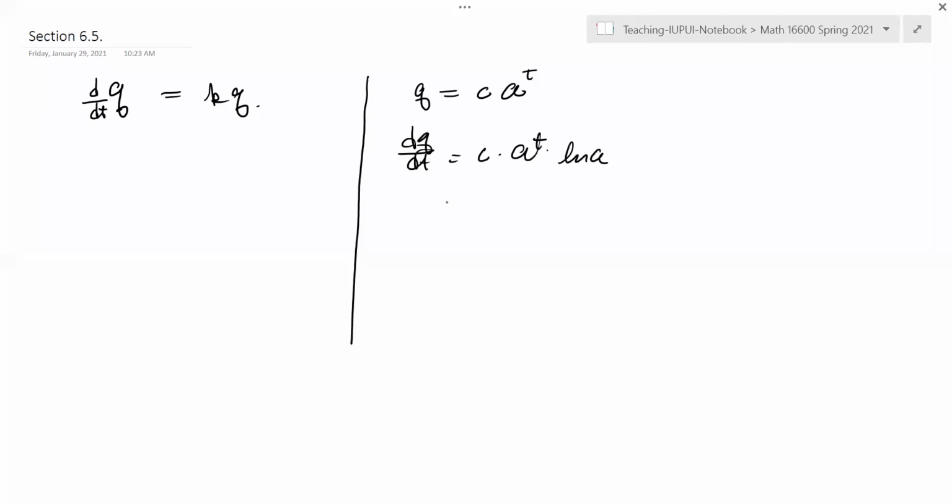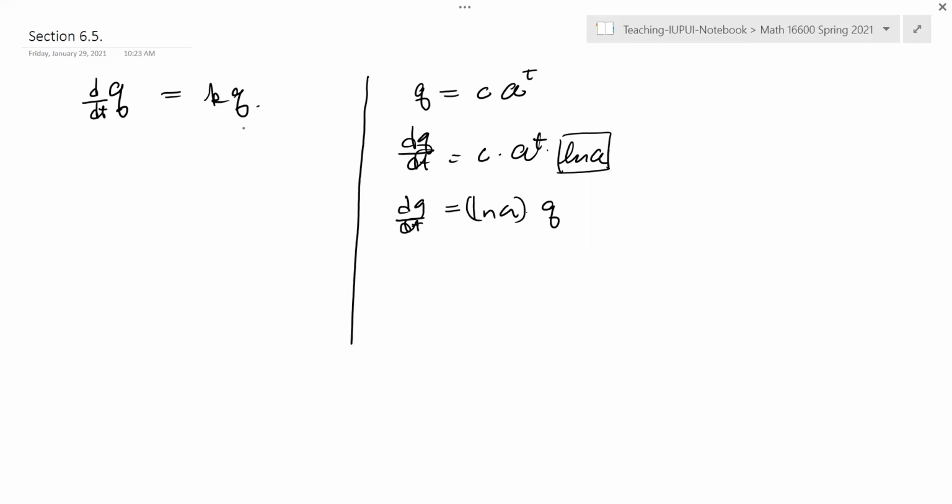This natural log of a is your constant, and C times a to the t is Q. So if Q is a constant times the exponential function, then Q satisfies this equation. So if we try to solve this equation, we'll probably end up with a constant times an exponential function.